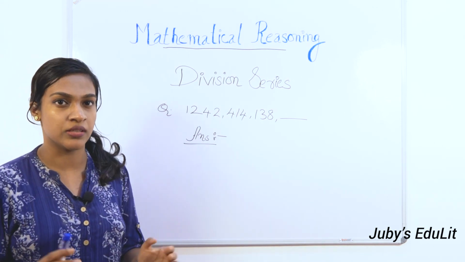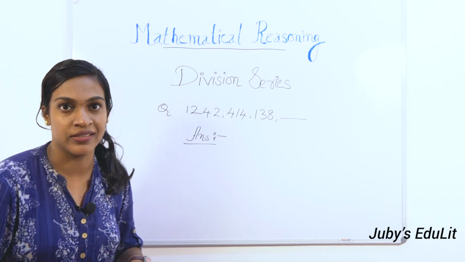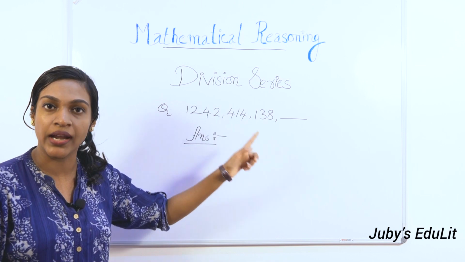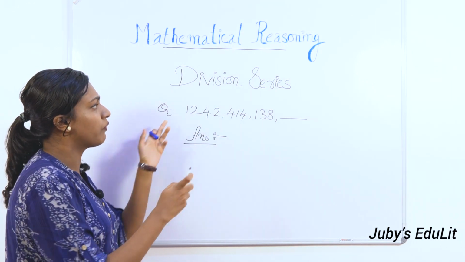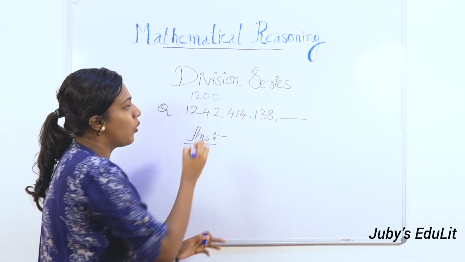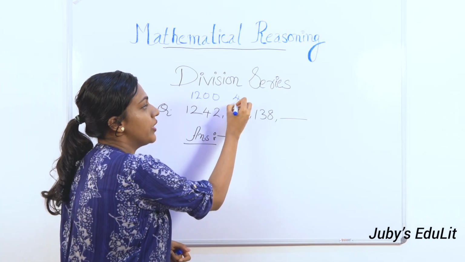The division series is quite difficult to answer easily, so an easy technique is to convert the preceding number and the succeeding number to their hundreds. What is the hundreds of 1242? It's 1200. And what is the hundreds of 414? It is 400.